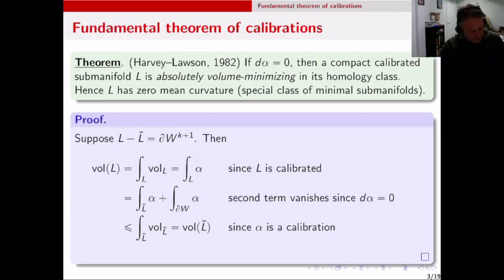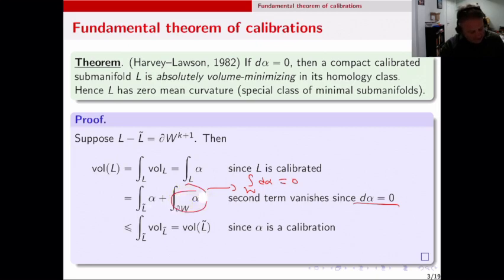The integral over L is equal to the integral over L tilde plus the integral over the boundary of W. But on this term, I can use Stokes' theorem and write this as the integral over W of d alpha. And that's 0 because we're assuming alpha is closed. So this is crucial here that alpha is closed.